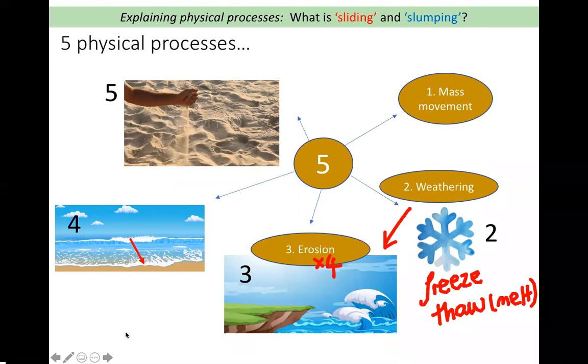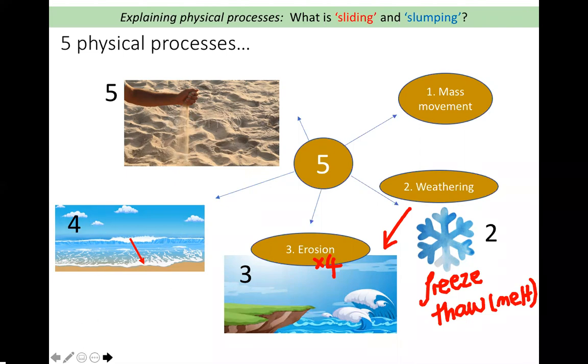So the next 2 are the remaining physical processes that we see in these 2 diagrams, and they are really important in the overall process of longshore drift. Now, if you watched Mr. Steele's video prior to this one, you'll remember that longshore drift is the movement of sediment along a coastline, okay?